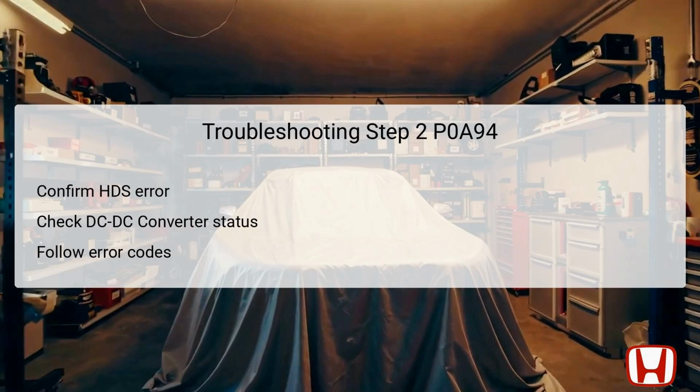Following the initial test drive, the next step is to confirm the status of the DC-DC converter using the Honda Diagnostics System, or HDS. This step involves checking for any fault codes related to the DC-DC converter, particularly the DC-DC converter CST error value.